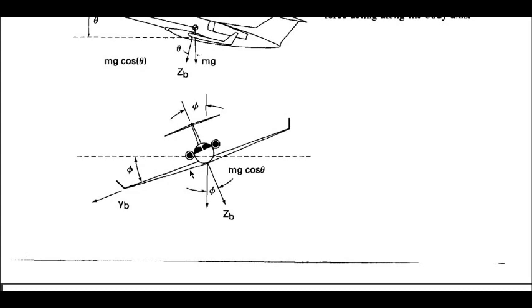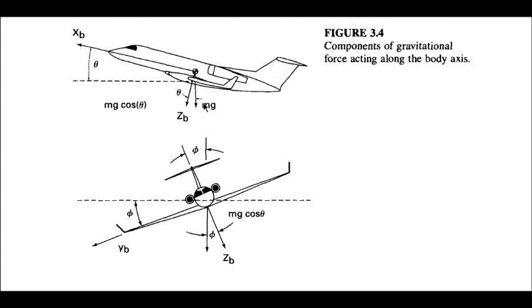If you combine this, this is mg, and when you pitch, the ZB component will become mg cosine theta.